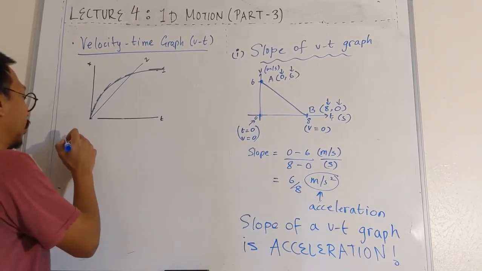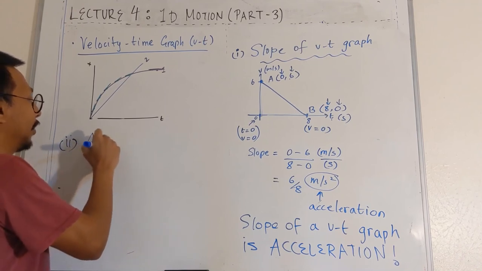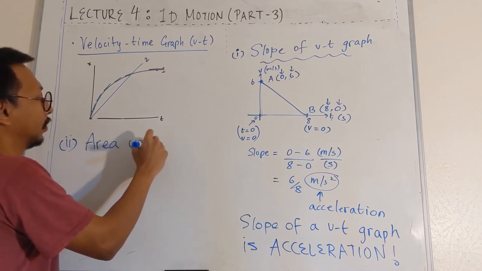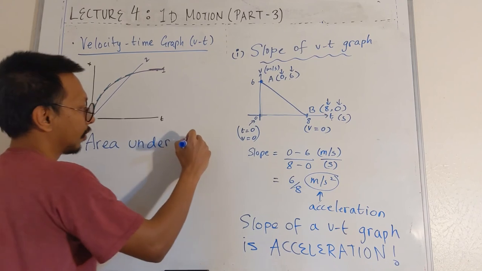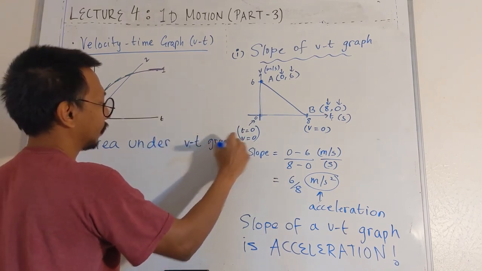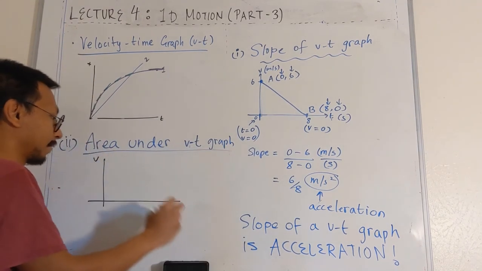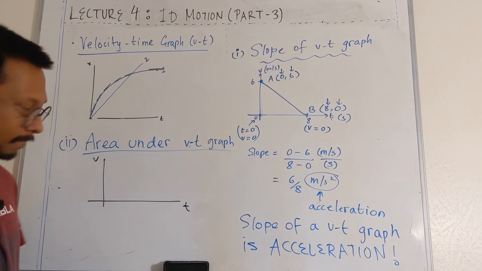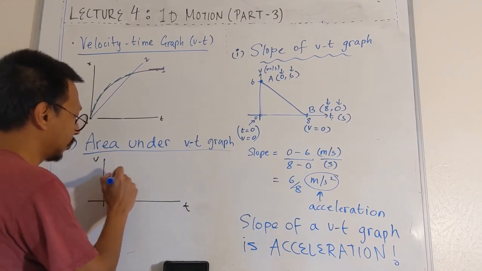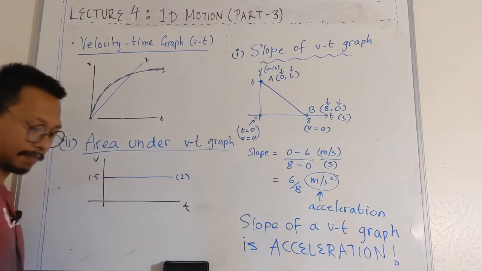Another important property of velocity time graph is the area under the VT graph. Why? Let's see. This one was person 2, 1.5.